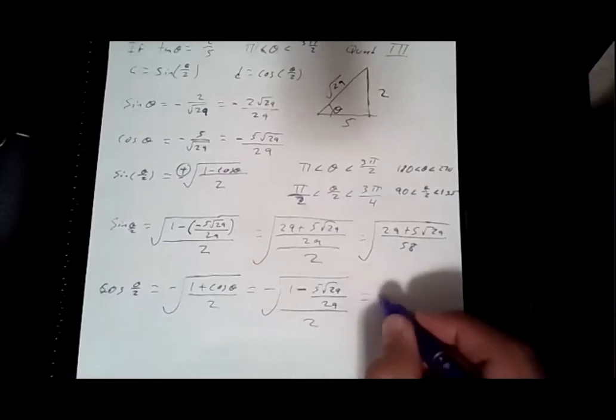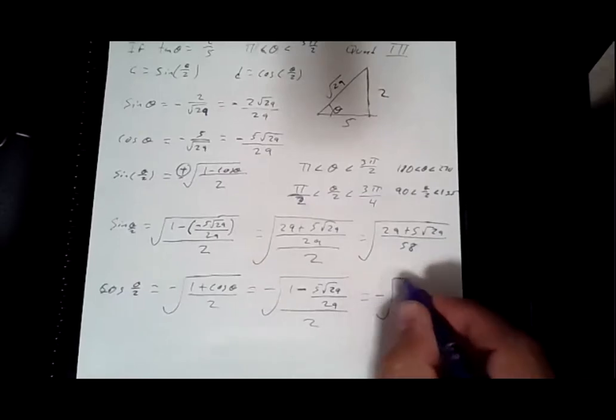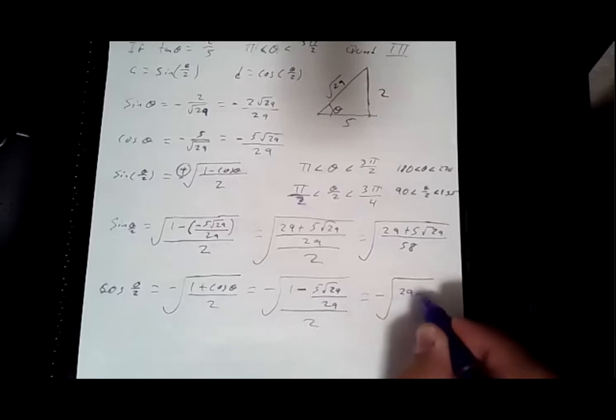So that will give us negative the square root of (29 minus 5 root 29) over 58. That's right. Okay. Yeah, I figured out what I was doing there.